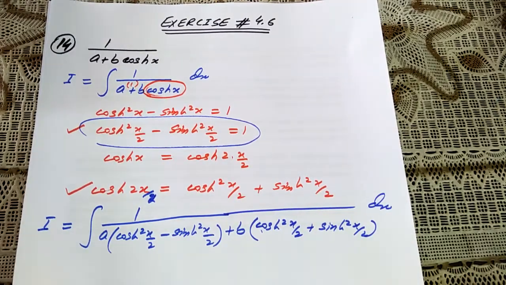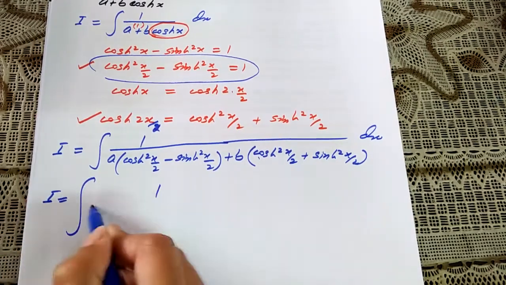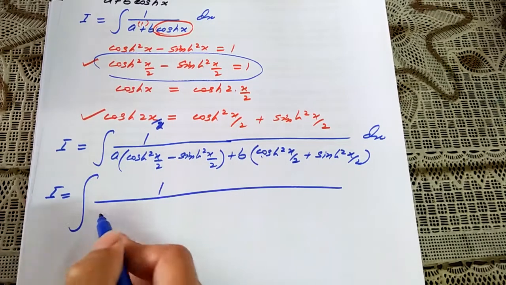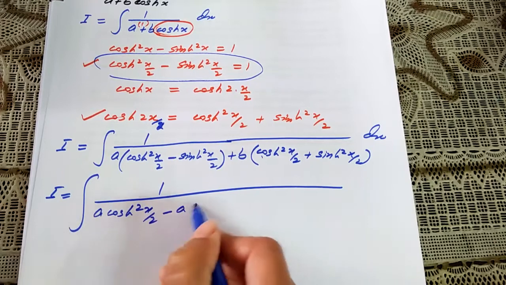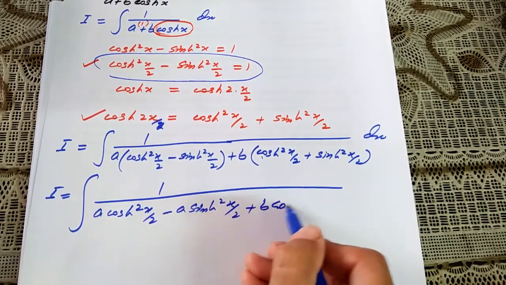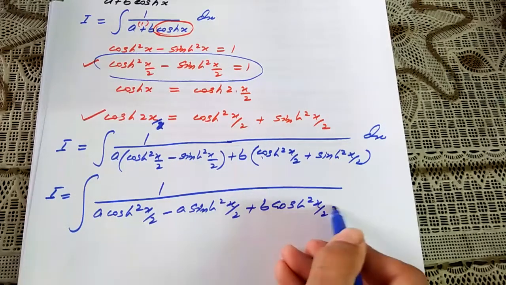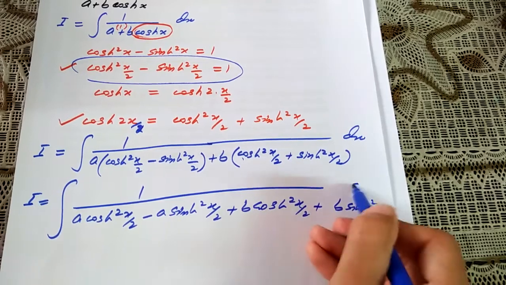Now after opening these terms, we'll get I is equal to the integration of 1 over a cosh squared x by 2 minus a sinh squared x by 2 plus b cosh squared x by 2 plus b sinh squared x by 2 and dx.